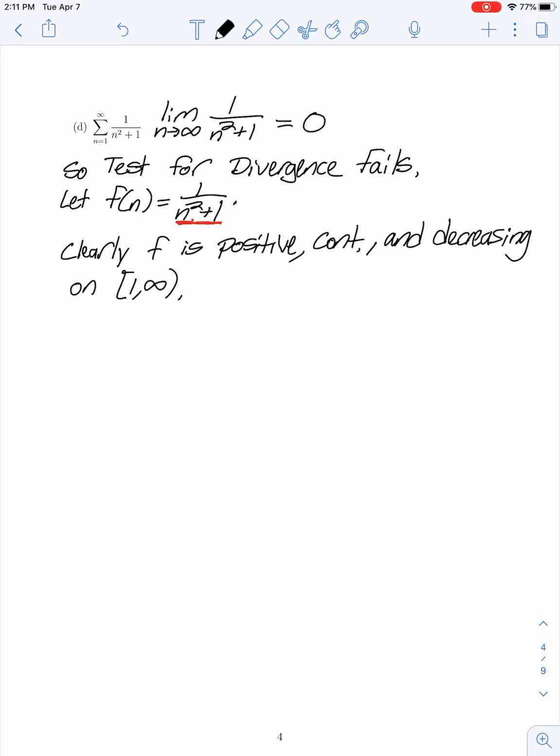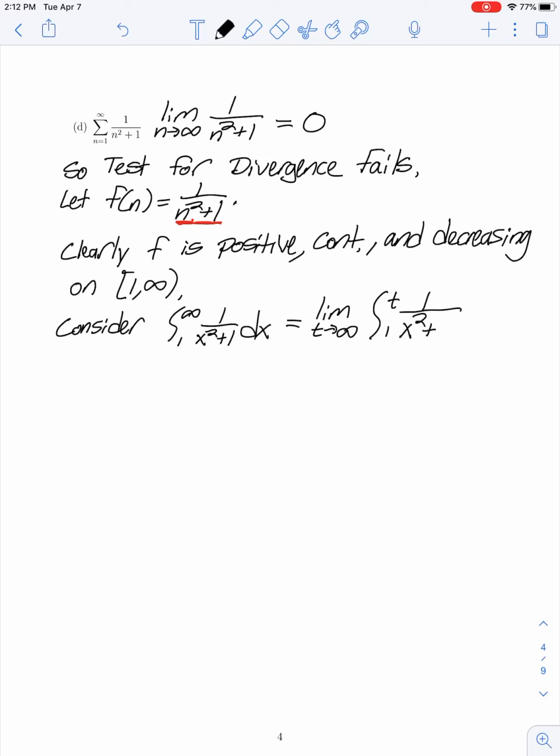So we can apply the integral test, which says that we are going to consider the improper integral over our interval from 1 to infinity of the function, in this case 1 over x squared plus 1 with respect to x. And to evaluate any improper integral, we've got to make use of a limit. So here we would be taking the limit as t approaches infinity of the integral from 1 to t of 1 over x squared plus 1 dx.